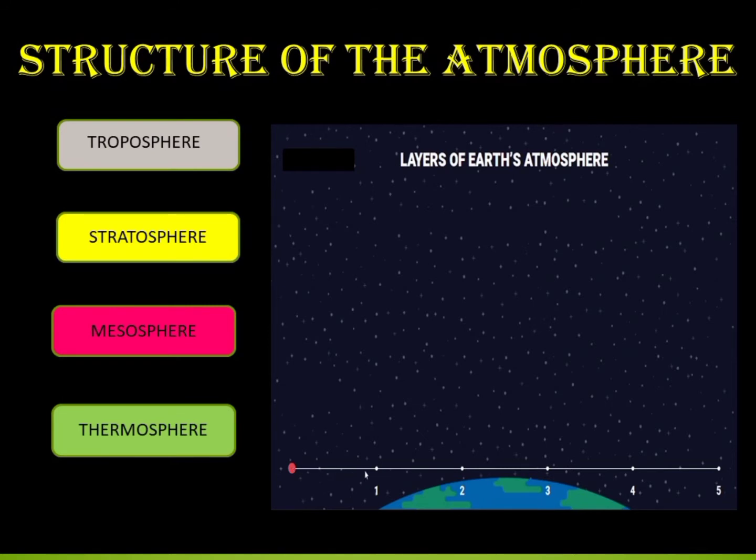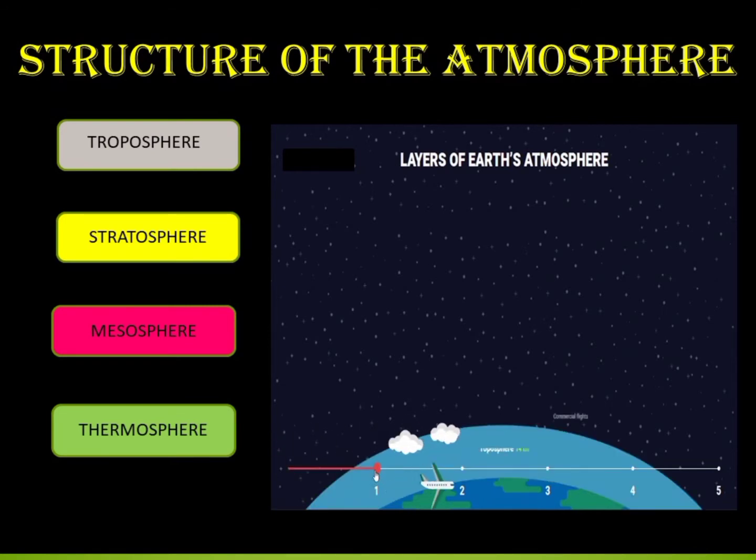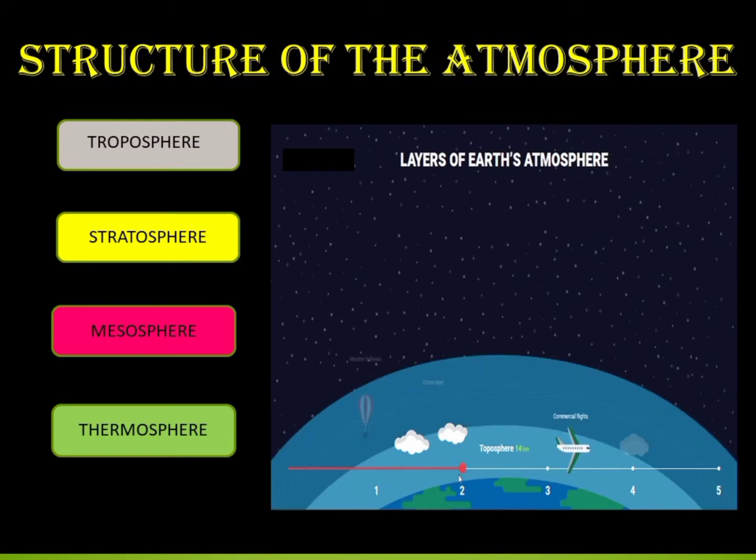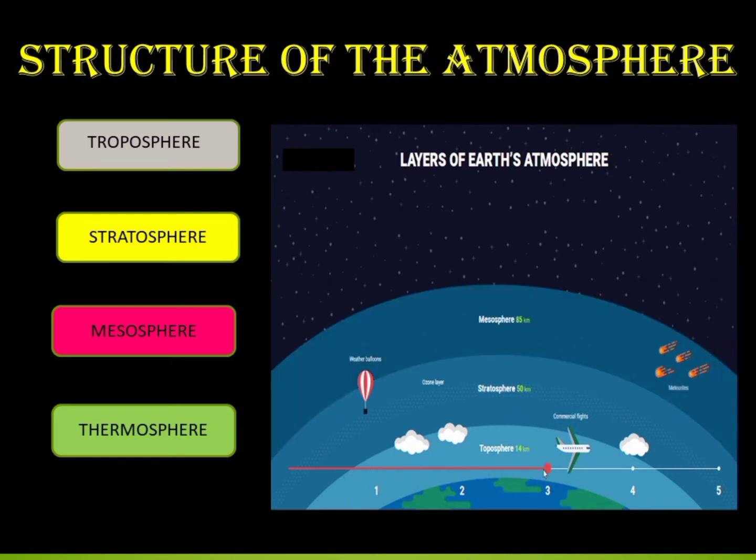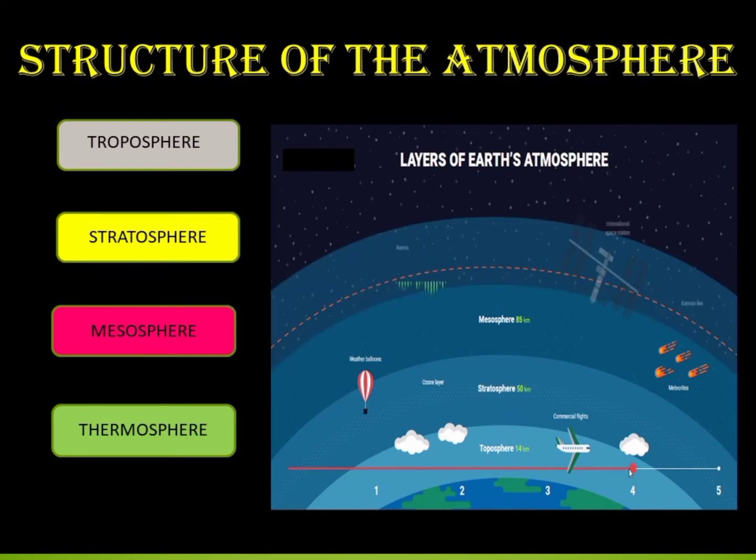Structure of the atmosphere. The atmosphere of the Earth can be divided into 4 major layers. This division is based upon the density and temperature differences in the atmosphere. The density of the air in the atmosphere is determined by the number of molecules of various gases per unit of volume.